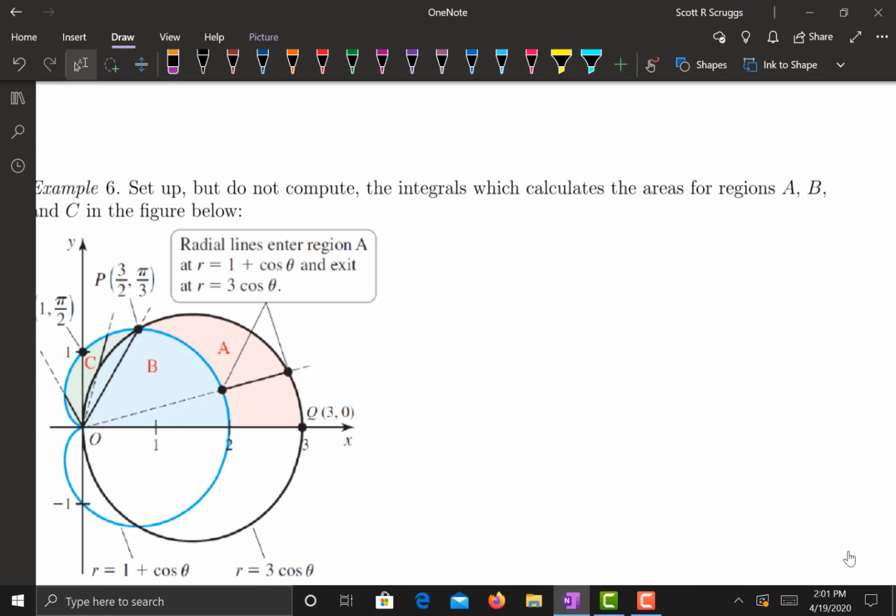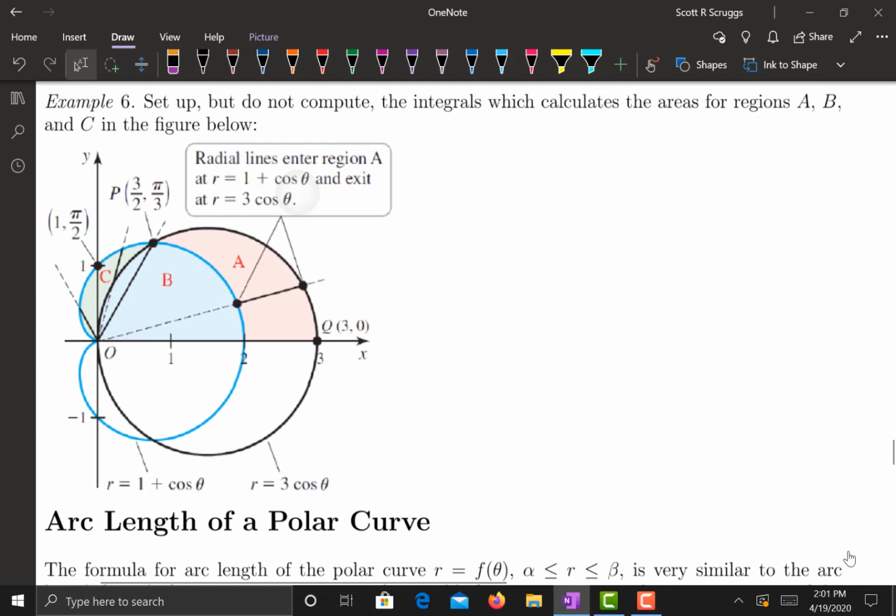And so here comes a fun exercise that we did early in Calc 2, and now we're repeating here. We're going to try to set up an integral to calculate the regions A, B, and C. Let's start out with the region A. First, note that my circle, 3 times cosine of theta in A, is greater than the cardioid, 1 plus cosine of theta.